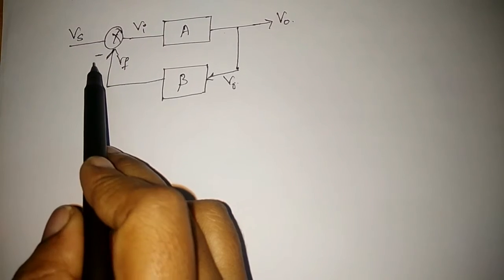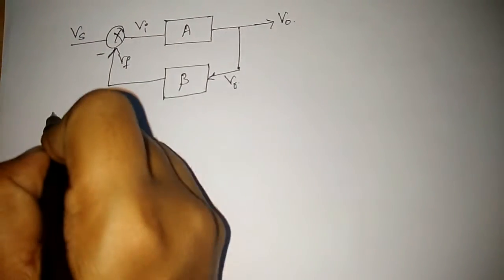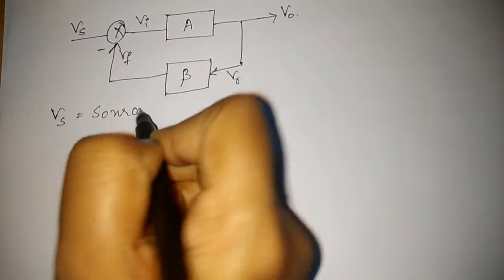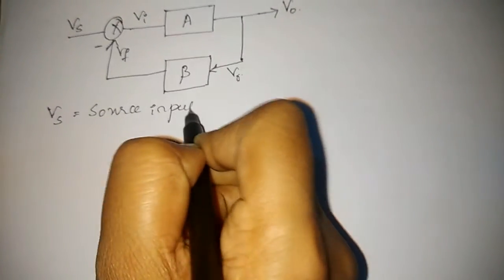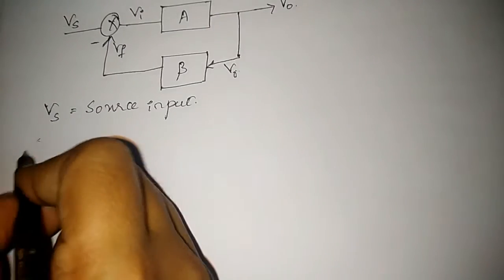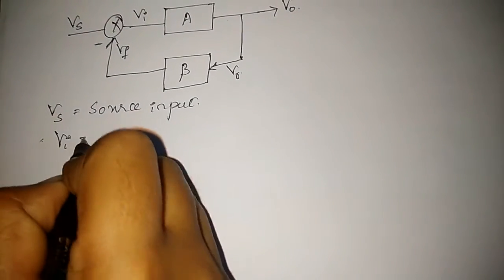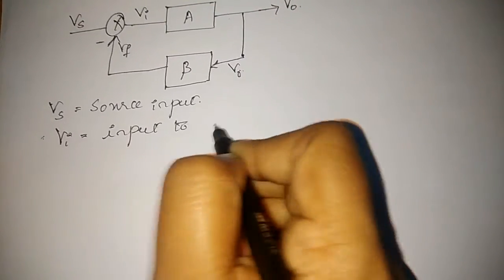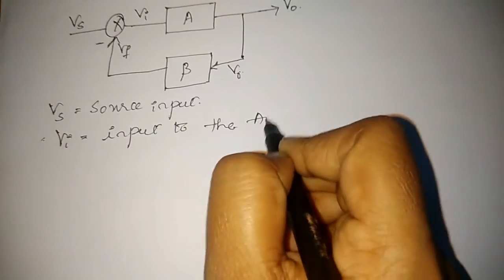Here Vs represents the source input, and Vi is the input to the amplifier.